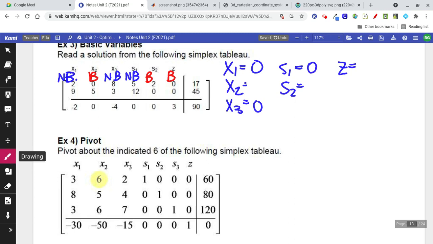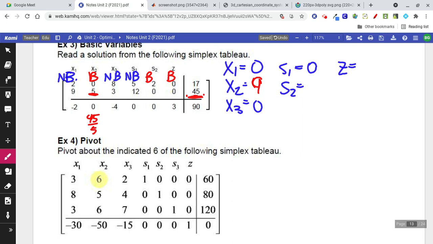Okay, so look at this basic one, and you look at the only non-zero number right there, and that forces you to look at this number right here. Okay, and so its value is going to equal 45 over 5. And once you know what you're doing, you're going to be able to do this in your head. So I can see the x2 value is 9. 45 over 5. That's just how we did it in Gauss-Jordan. Same thing.